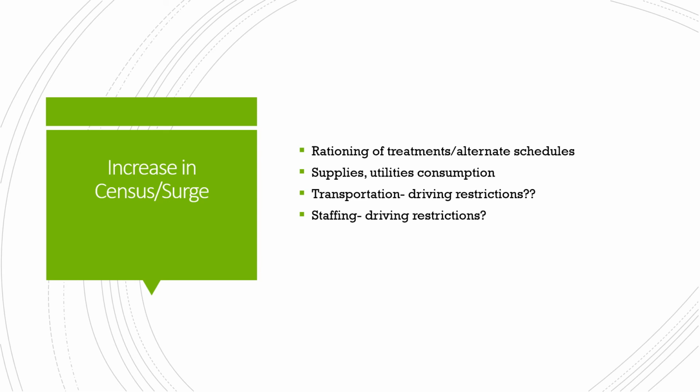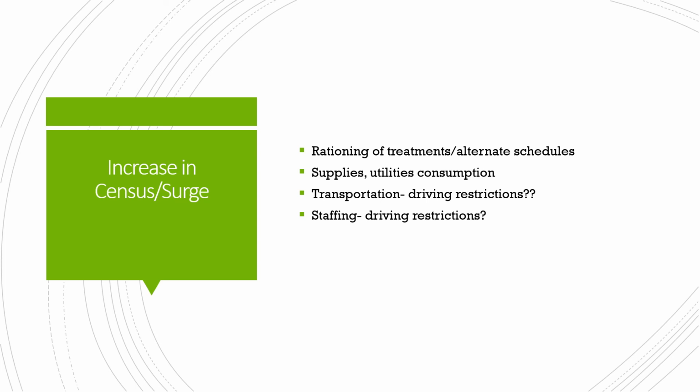If it's an external disaster and you're going to see an increase in census, will you be ready? What kind of supplies do you need? What kind of transportation to get people there, to get people out? This was one of the things where back when 9/11 happened, all the hospitals in central New York were getting ready for this big influx of patients.